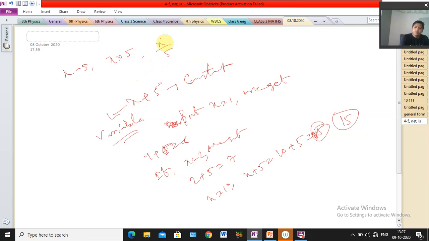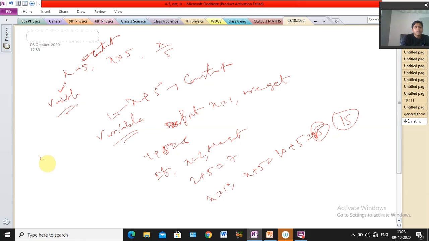Now see here, in x minus 5, 5 is what, sir? 5 is a constant value and x is a variable. Clear? Understood?